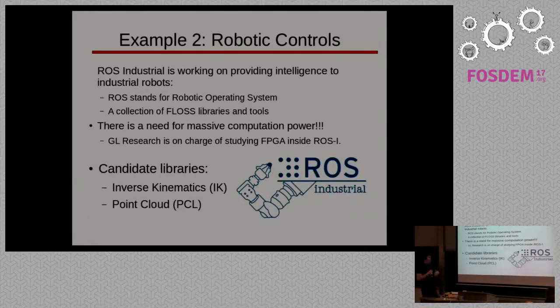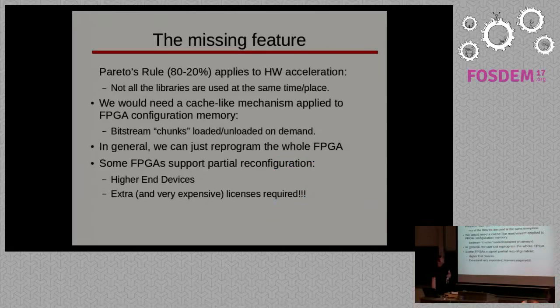Maybe even a minute if it is complex enough. Another one is point cloud, which is more related to artificial vision and so on. And we are working on applying the previous approach to these two examples.